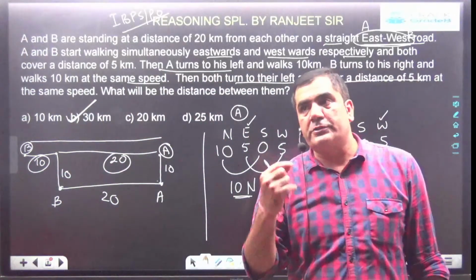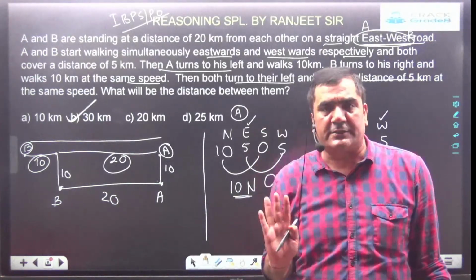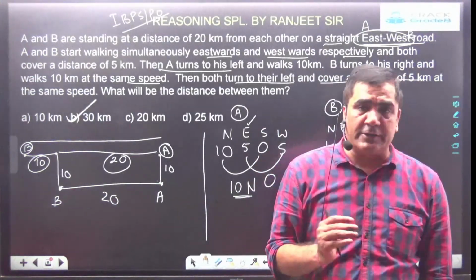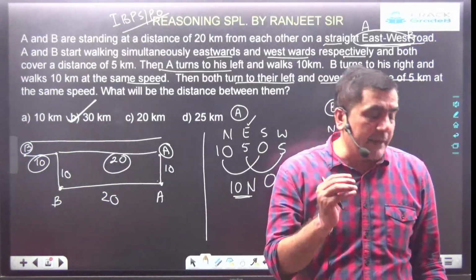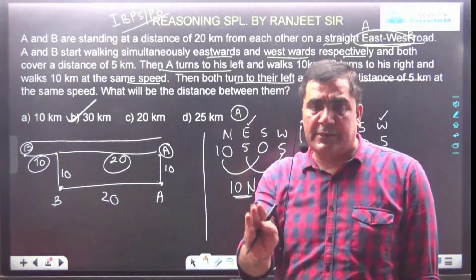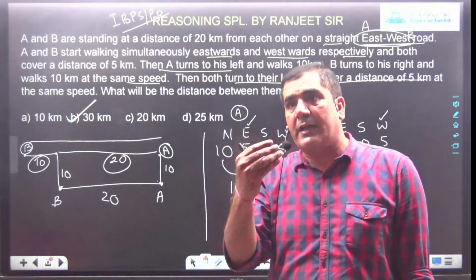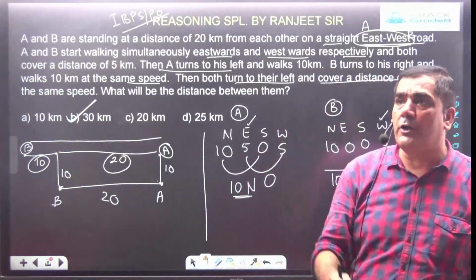Actually, I am planning to start with inequalities because inequalities will be over in a maximum of 2 to 3 classes. Inequalities has a weightage of 5 questions in your pre-examination. In any banking examination, you will surely get a minimum of 4 to 5 questions from inequalities in the pre-examination. Thereafter, I am planning to start with syllogism. Most important topic, syllogism.